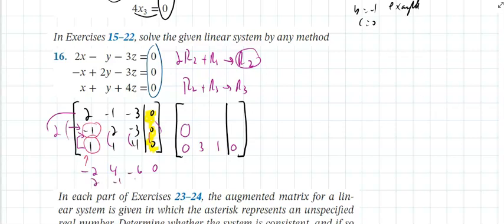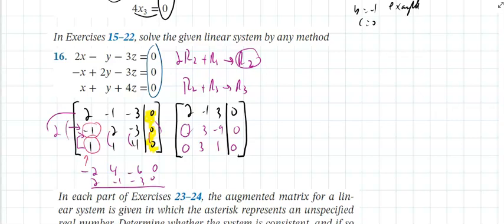Row 1 is 2, -1, -3, and 0. If I add those, I'll get 0, 3, -9, is that right? And a 0. And row 1 we just copy down.